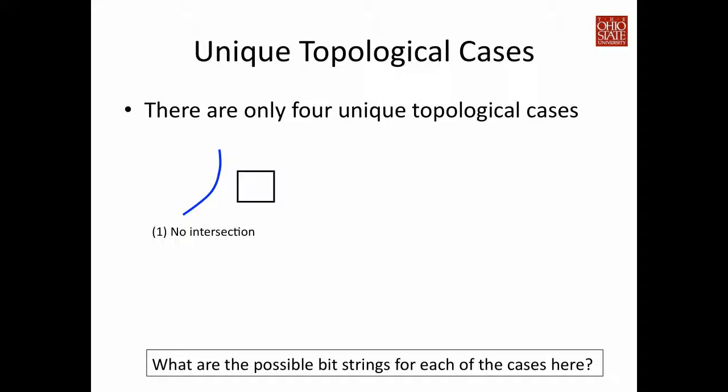The first case is that the contour does not intersect with the cell. Then we have another case, the contour cuts through one corner of the cell. This can be mapped to 4 different cases because the contour can cut each of the corners, and there are 4 corners. But because we are not concerned with the position, they are all the same. One case, that is, the contour only cuts through one corner of the cell.